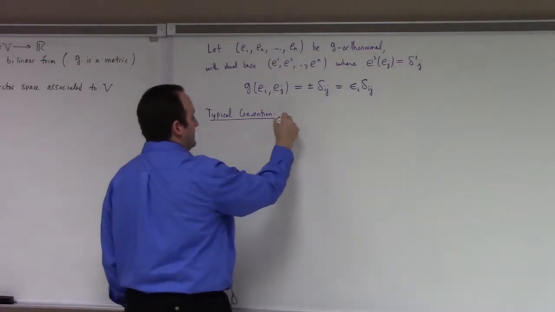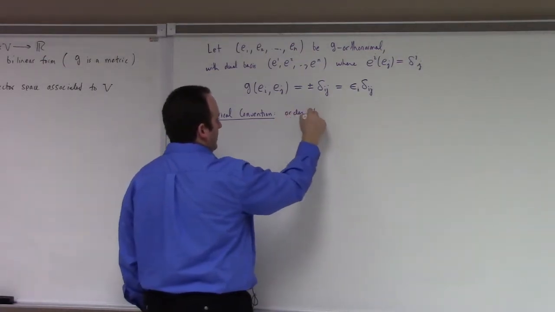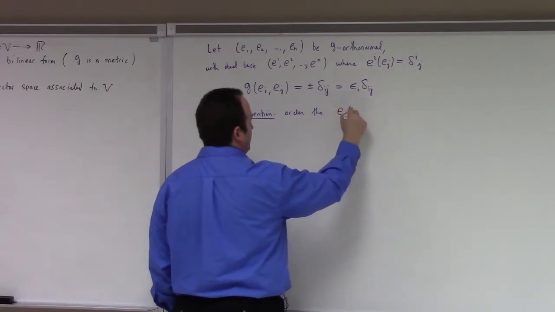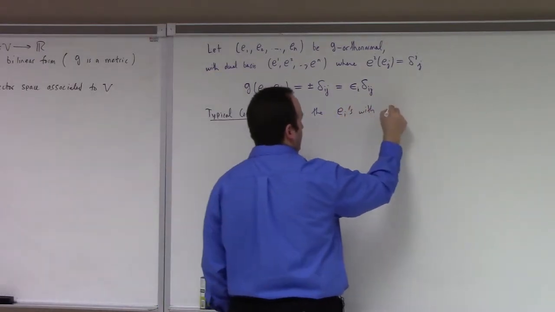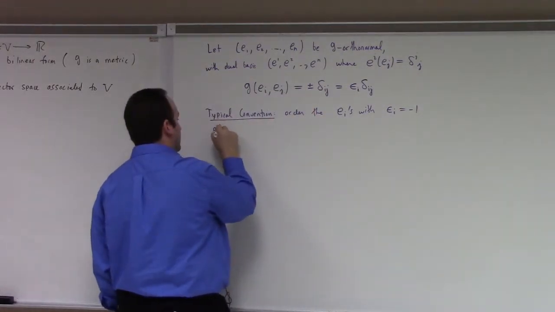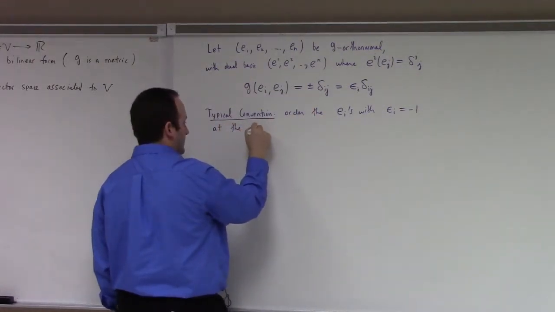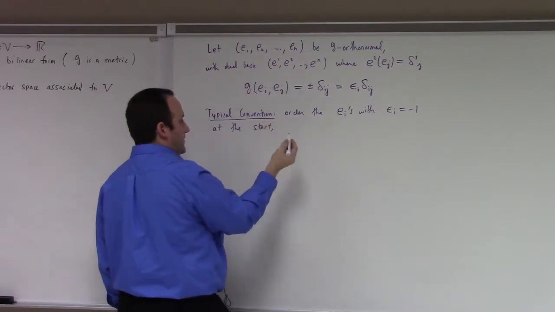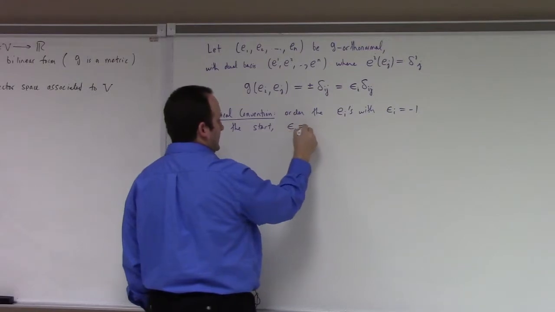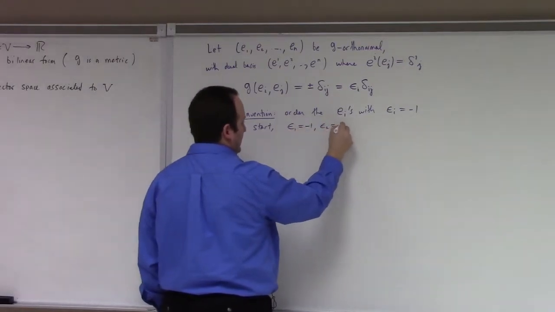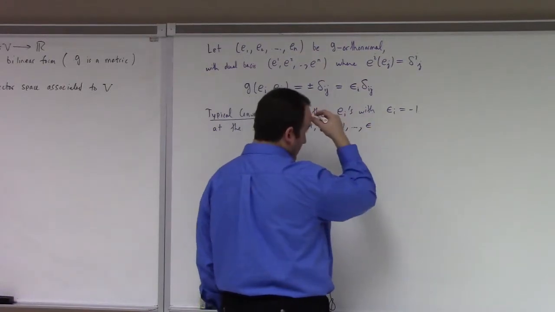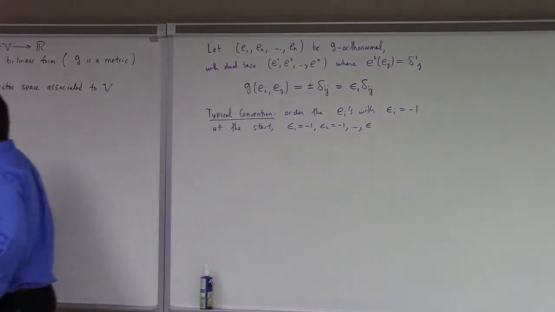You might order the EIs with epsilon sub I equals minus 1 at the start or at the end. So maybe it's like this: epsilon 1 equals minus 1, epsilon 2 equals minus 1, and so on.